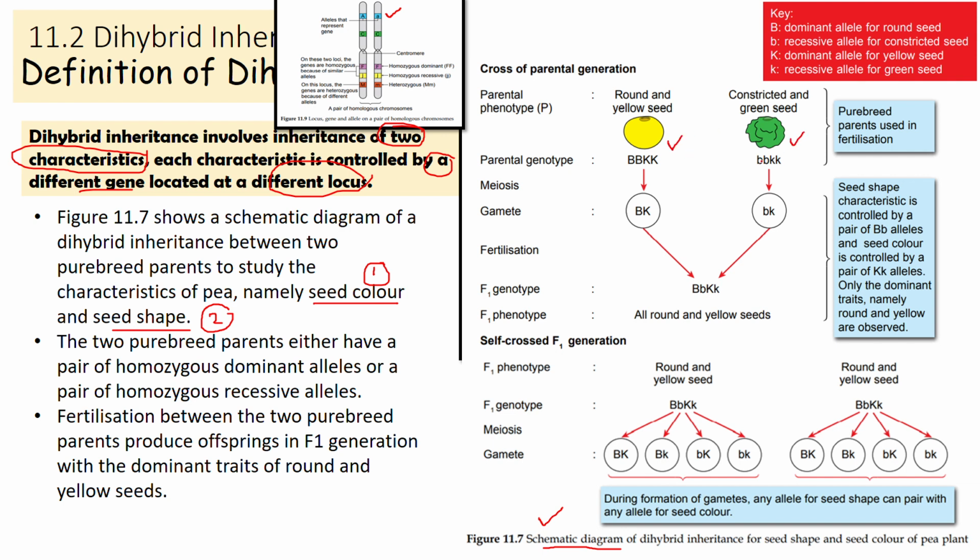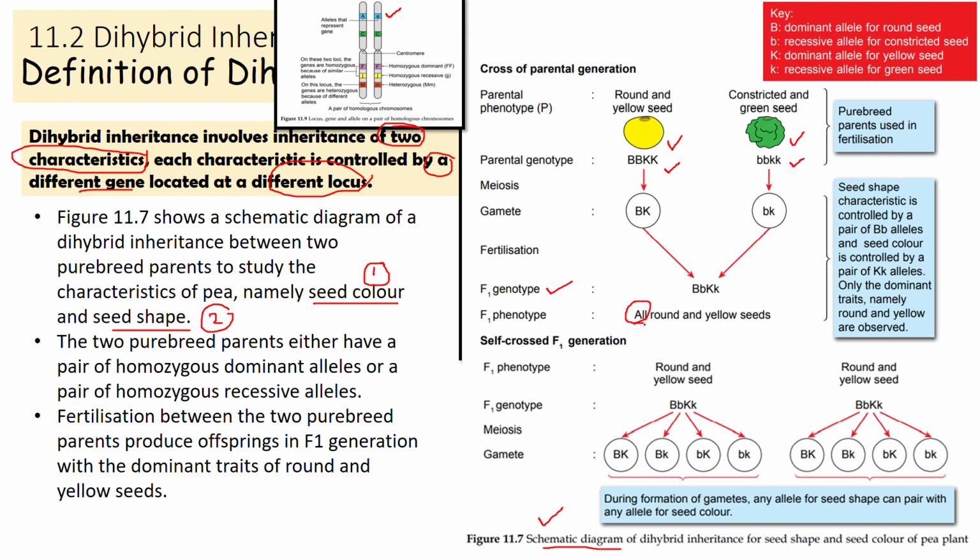Each has a pair of homozygous dominant alleles, characterized by all capital letters, and another pair of homozygous recessive alleles, characterized by all small letters. So fertilization between these two purebred parents produces offspring in the F1 generation with all dominant traits of round and yellow seeds.